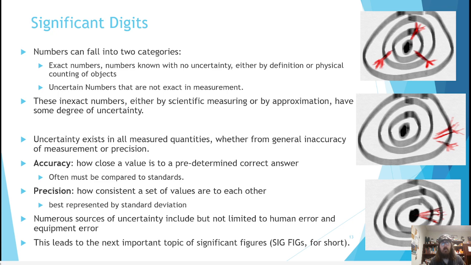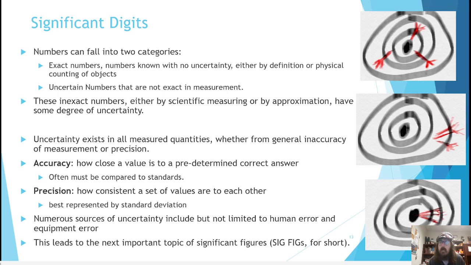Sometimes people in statistics will use t-tests or various other tests to dispose of outliers because they throw off the exactness of your numbers. They throw off to what degree you can report your numbers. But for the most part, we need to consider those valid numbers. So the best way to imagine this is standard deviation.